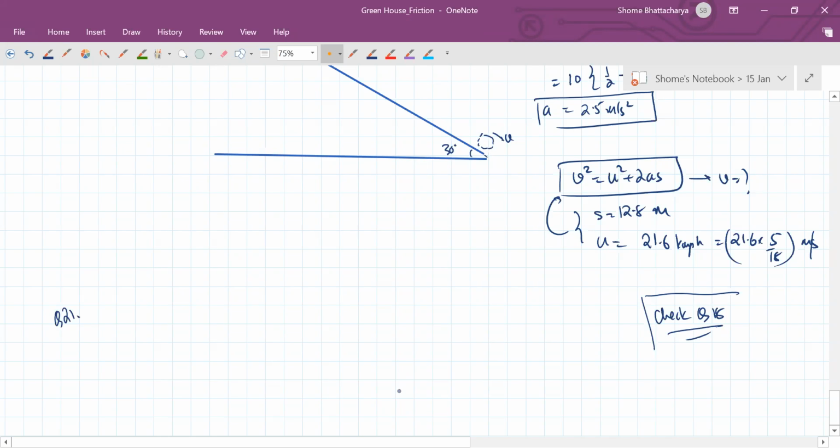Question 20 is something that we just did, that angle wala question where we have to find the minimum force. That is the same as that question 20 actually.